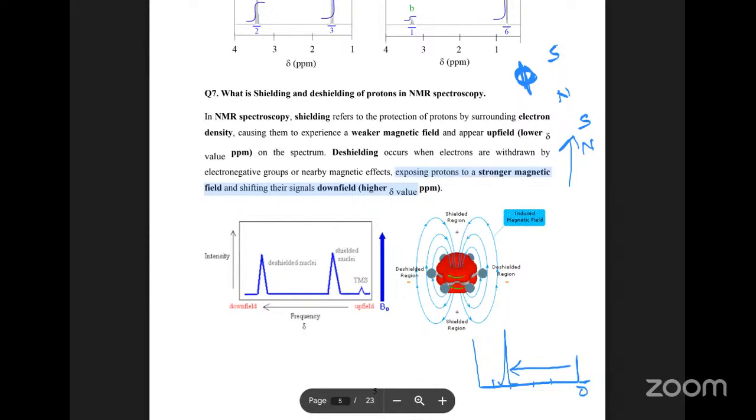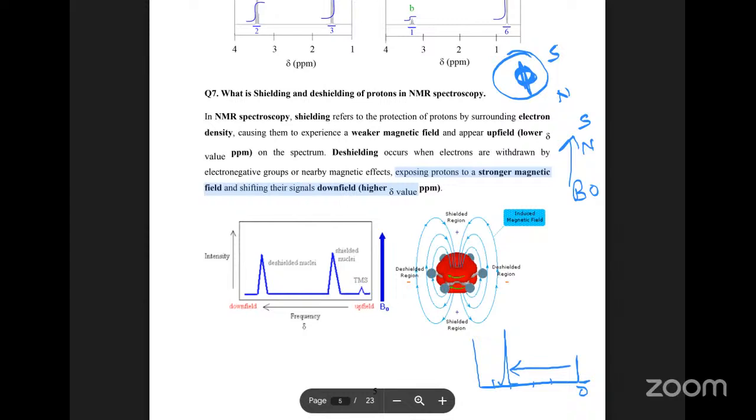In a similar way, when the magnetic field induced by each nucleus spinning on its own axis has the same direction as the applied magnetic field, then what will happen? The required magnetic field will be less, and such nuclei require a lesser amount of magnetic field.